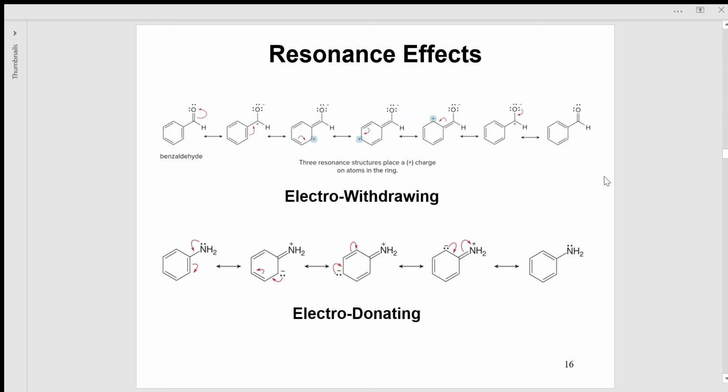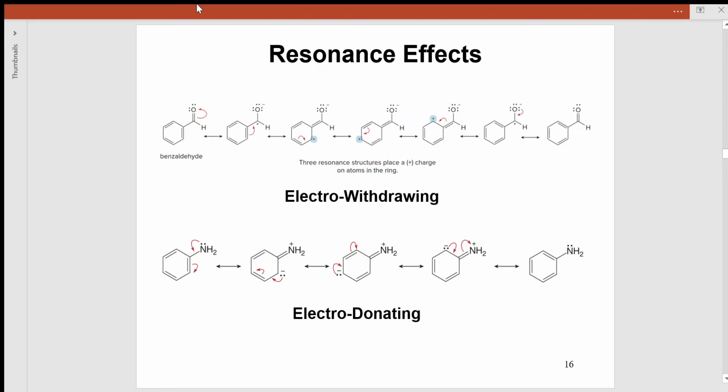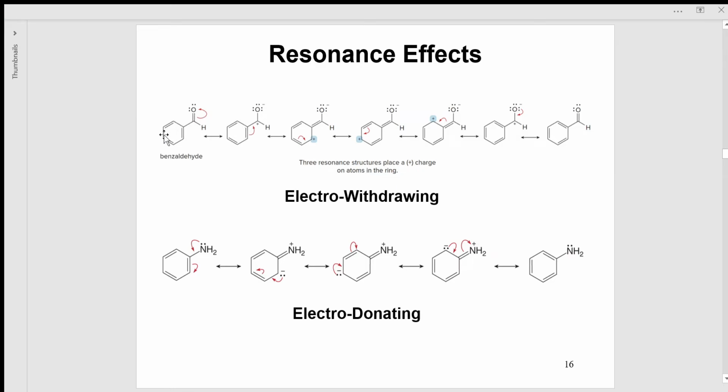So the overall electron density in this benzene ring is decreased. So we call this aldehyde an electron withdrawing group via the resonance effect.